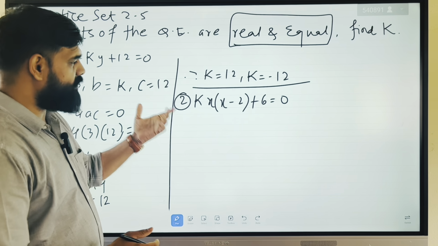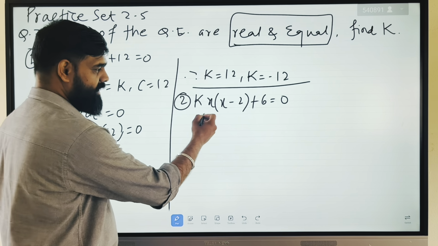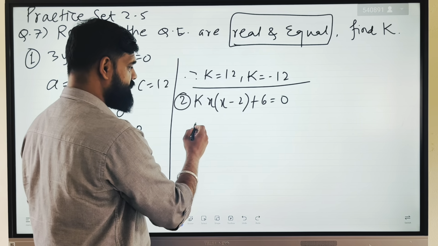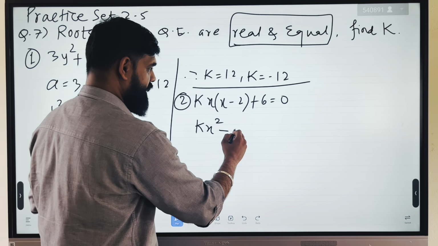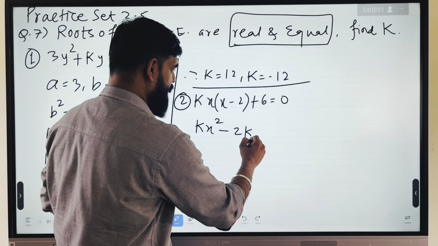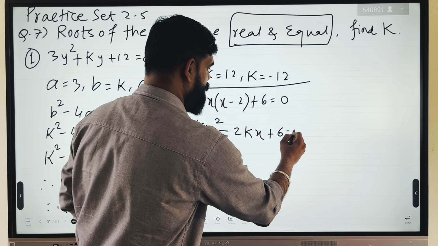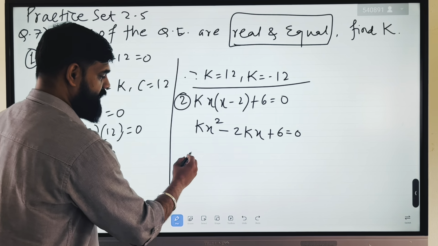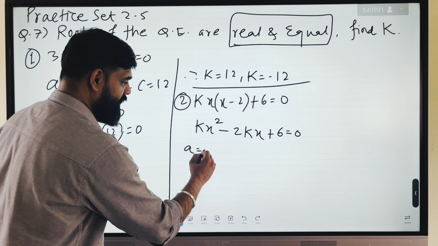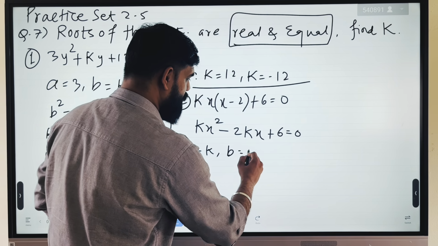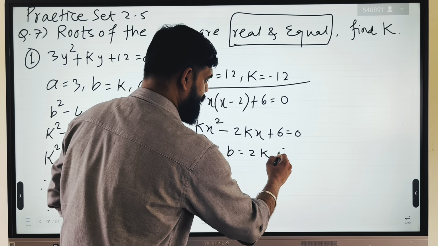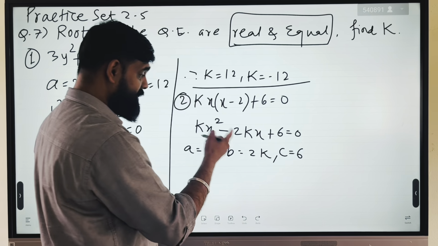We have to follow a similar process. kx into x minus 2 is kx square minus 2kx plus 6 is equal to 0. So let us write the values: the value of a is equal to k here, the value of b is equal to minus 2k, and the value of c is equal to 6.